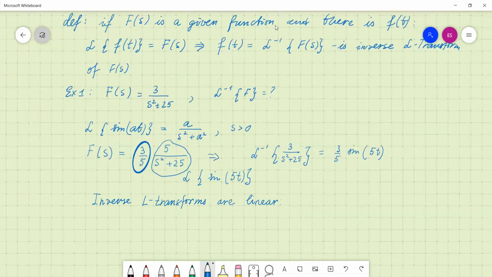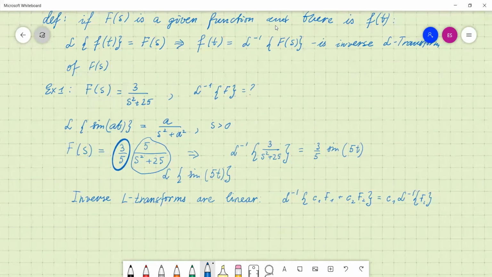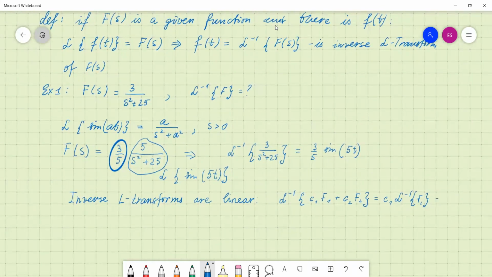Linear means that the inverse Laplace transform of c1 F1 plus c2 F2 is going to be equal to c1 times the inverse of F1 plus c2 times the inverse of F2.